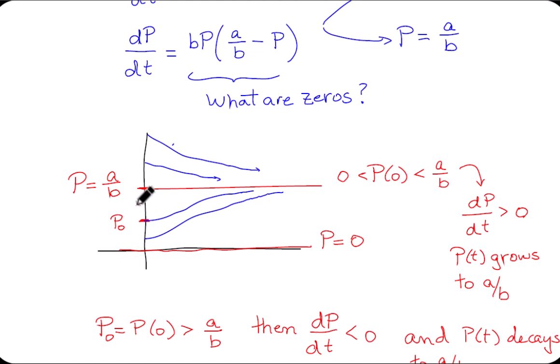If I start off at either place, those are constant. If I start off between 0 and A over B, it's going to increase to that limit. And if I start off bigger, it's going to decrease.